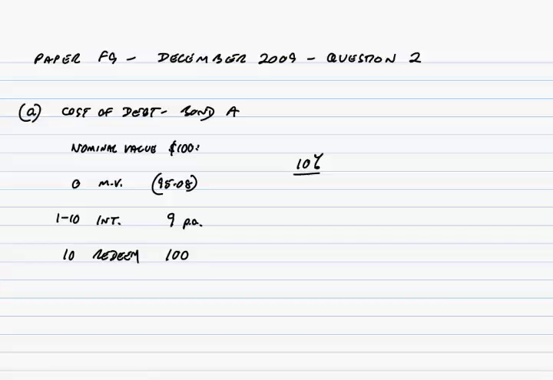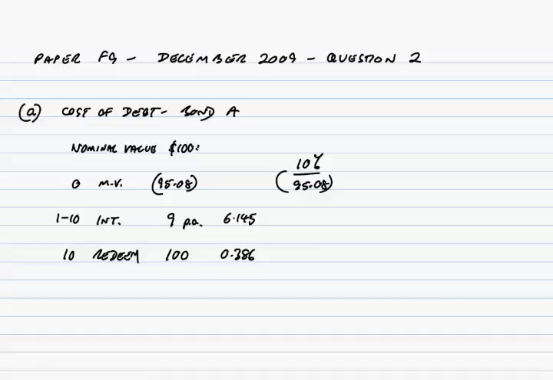And so the discount factors, the interest, the annuity, 10 years at 10%, 6.145. The ordinary factor for the redemption, 10 years at 10%, 0.386. And so, sorry, let me get my calculator sorted.